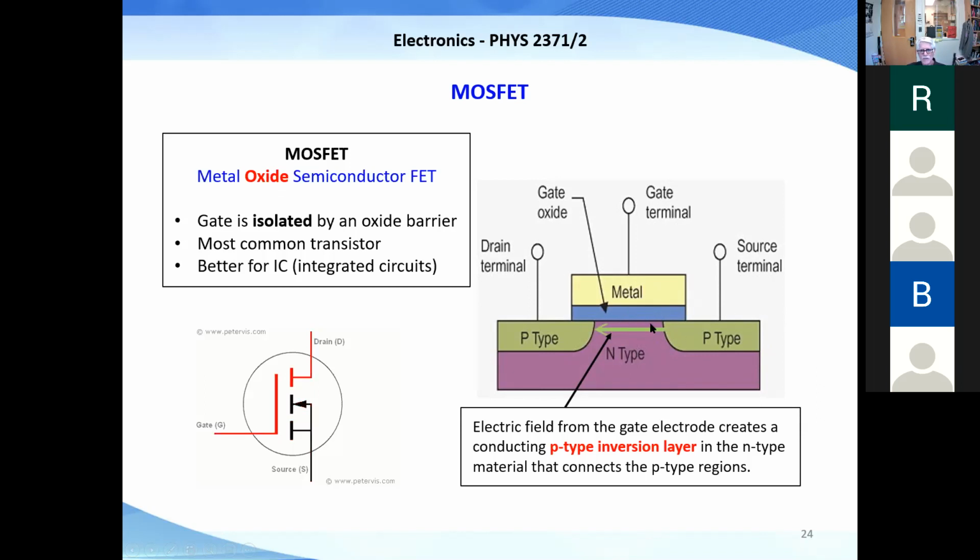So what it does is you don't have any current flowing into the gate. If there's an insulator here, you're not going to have any real current flowing through here. So that's an advantage over the standard FET.